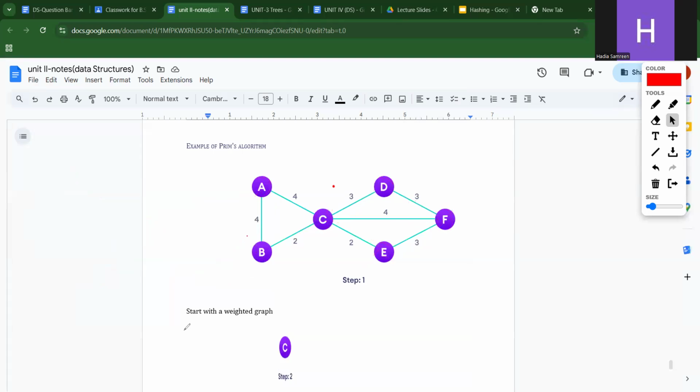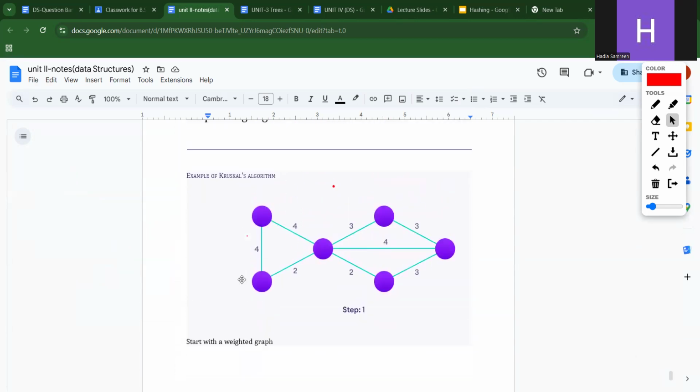Very similar to this, there is something called Kruskal's algorithm. So how do we do that? Let's take this example. Let's write A, B, C, D, E, F. First, we note down the costs from minimum to maximum.